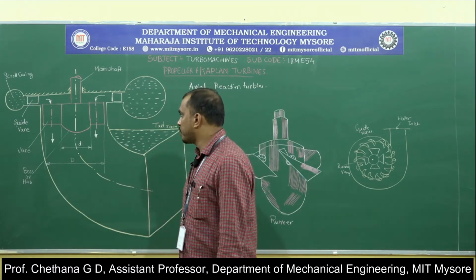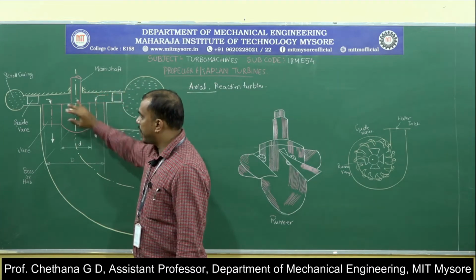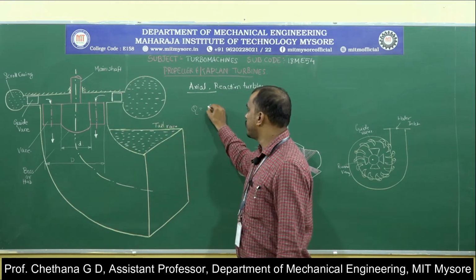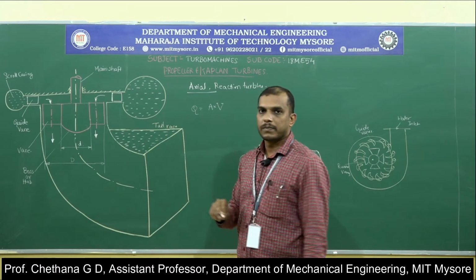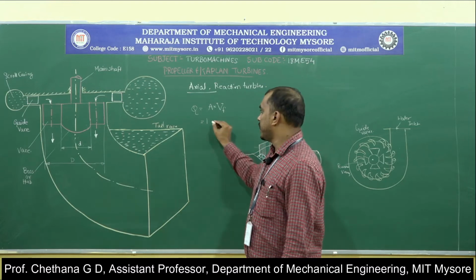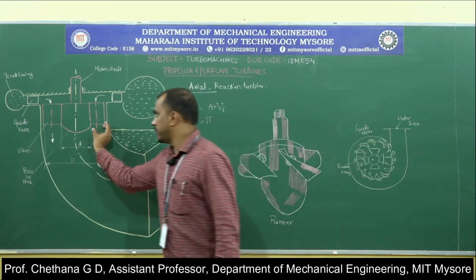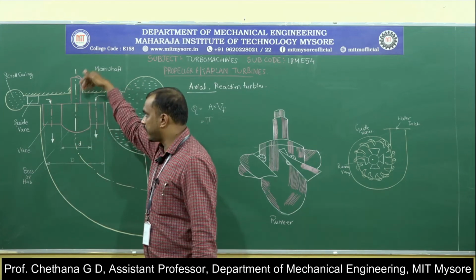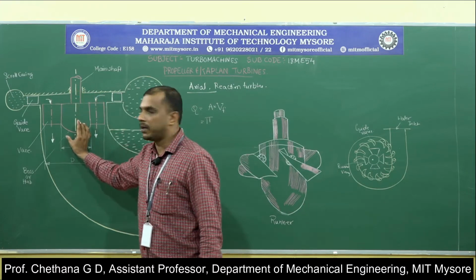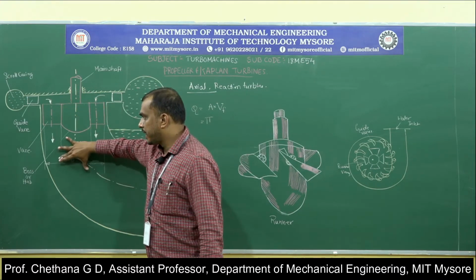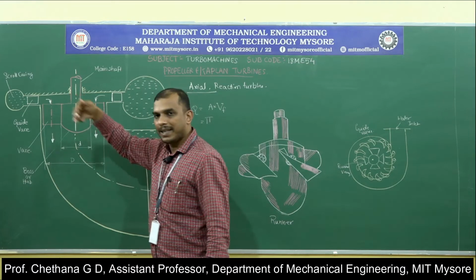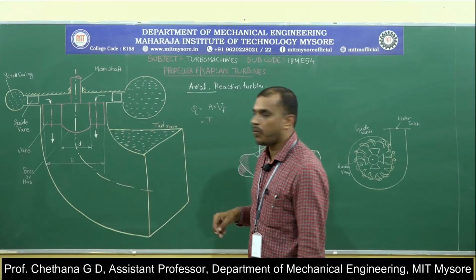Look at the discharge through the turbine. So it is entering here and leaving here. Q can be equal to area into velocity, right? Here that can be said as flow velocity. Area is what? Only this is the area. If you look from the top, the inner circle is the boss or hub, then the outer circle is the tip diameter, we call it capital D, this small d is the boss diameter, then the remaining area is where the water is flowing.